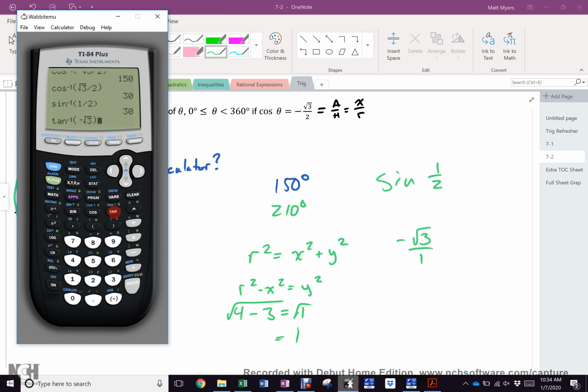What's it going to give me? Let's see. Damn. Negative 60. Oh, wait. Tan is y over x. Sorry, I screwed that up. Second tan 1 divided by negative root 3. What's it going to give me? Hayden says 210. Give me negative 30.